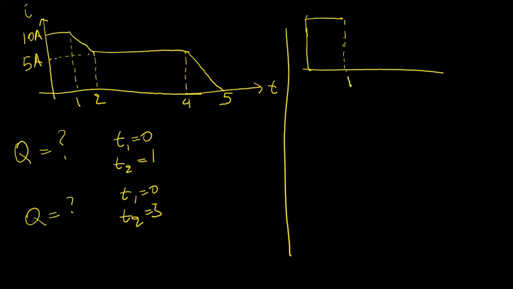And this is 1. This is the time axis. Between 0 and 1, the current is 10 amps.